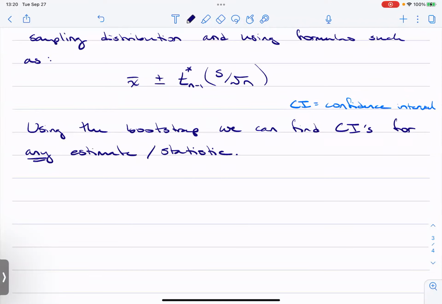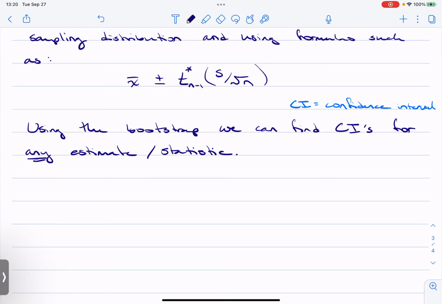If I have this distribution of X bars and I want a 95% confidence interval, I'm just going to trim off the top and bottom 2.5% of those values.